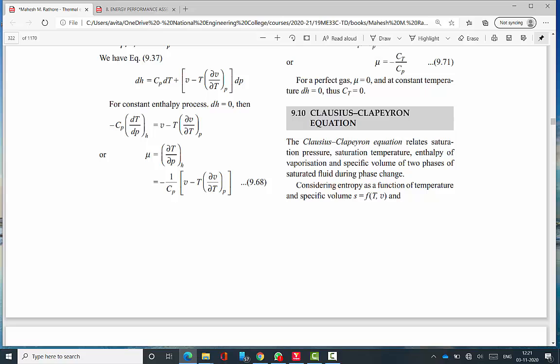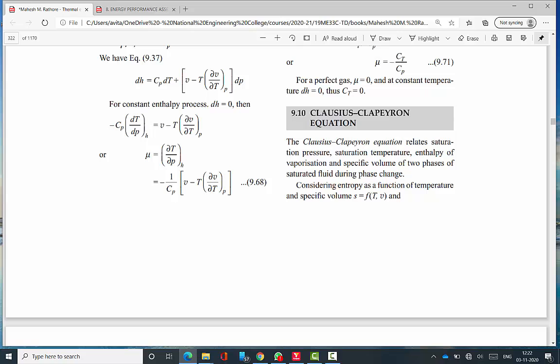This is called the quality of phase change, or dryness fraction. The dryness fraction is the mass of steam divided by the total mass of the substance.